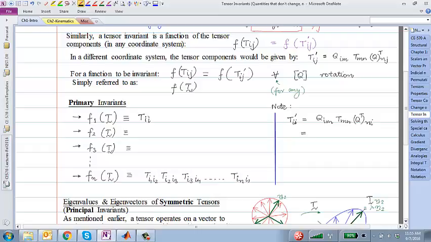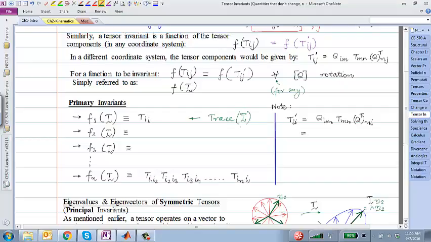The sum of the diagonals in both those systems would be exactly the same. Okay, and this thing, which is basically the sum of the diagonals, there's a special name for that. We call it the trace of the tensor T.